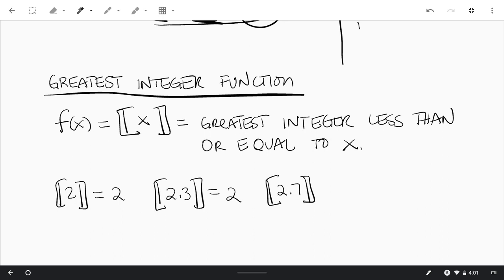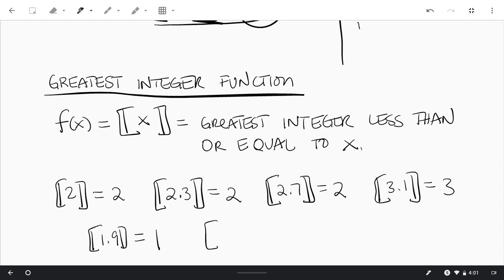It's still going to be 2 because you can't be larger than 2.7. 3.1, it's got to be 3. 1.9, so it's got to be 1 because you can't be larger than 1.9.